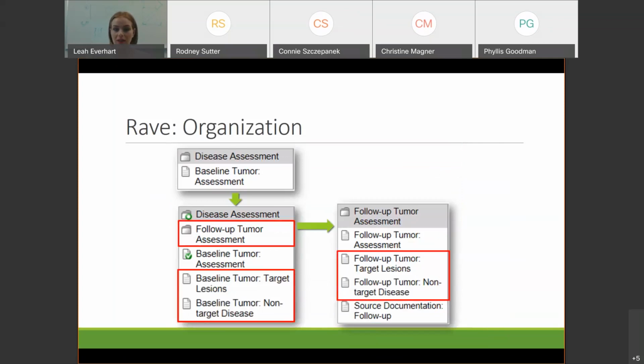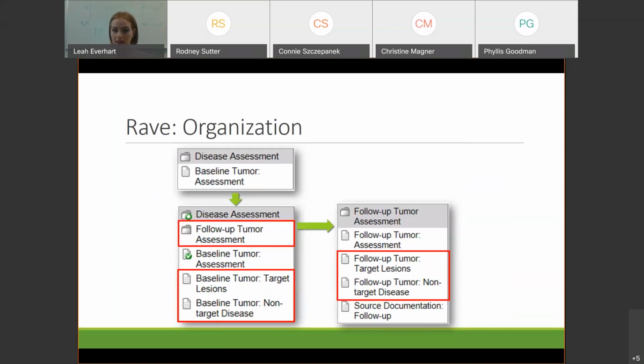So you can see since we answered yes to both of those questions, highlighted on the bottom left-hand corner are the new baseline forms that generated that will allow us to capture that information about the target and non-target lesions. It also generated the follow-up tumor folder highlighted just above those blank forms.